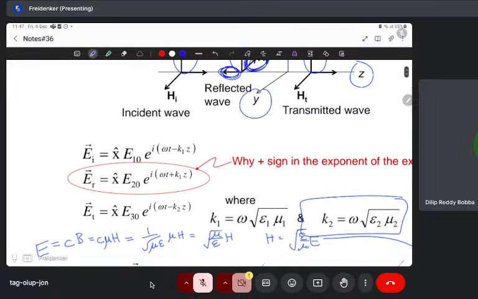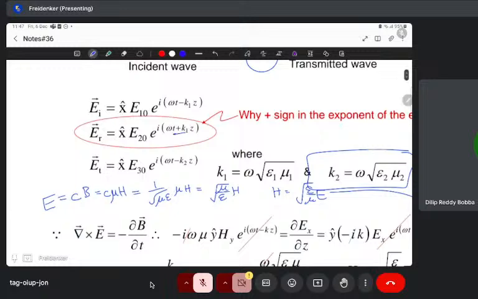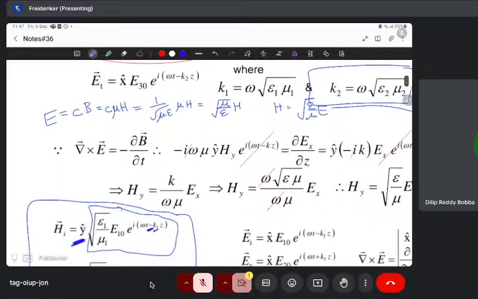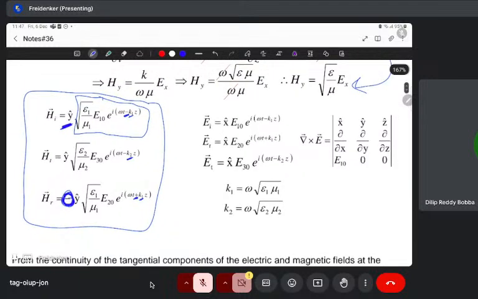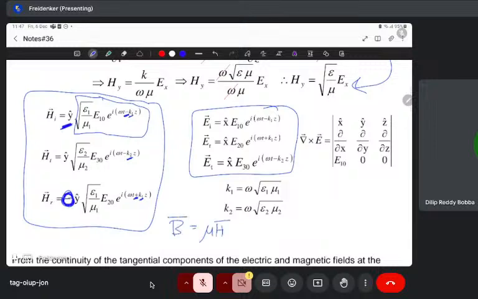So that is why you get a minus sign. That's why we got an extra minus, minus minus plus. Here also minus minus plus, and here you get a minus sign because it flipped. These are E values. These are H values. B is nothing but mu H, so that B is also easy to find.